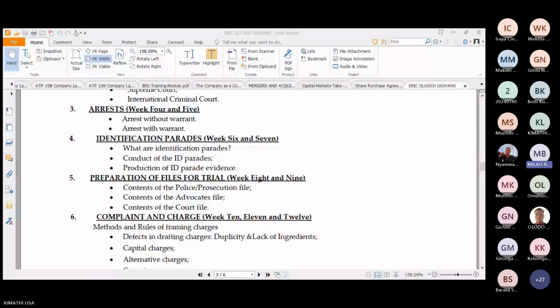Yeah, I wanted to shine with what the previous speaker has said. But what I know is that the OCS of the local police station also has a role to play. So it must be addressed to him as well.